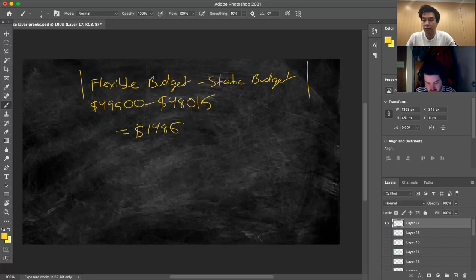Let me look at that. So you can do the math and then you can let me know if you think it's favorable or unfavorable. So this would be favorable. Because, well, if this is on the chart, right?